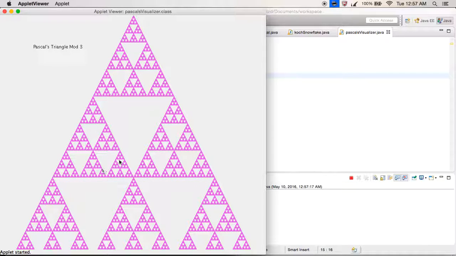You can see it's a fractal because there are repeating patterns, so it's got that self-similarity where, if you were to theoretically zoom in or zoom out, you would see the same thing repeated.